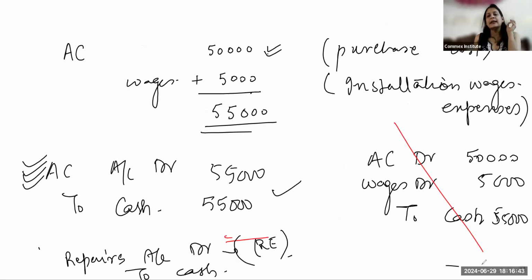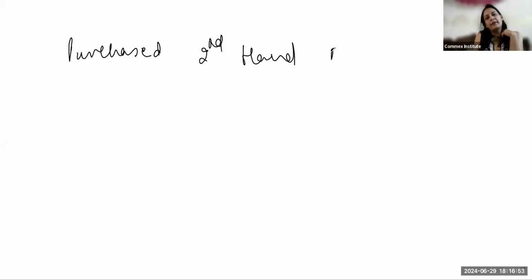Suppose I buy a second-hand machinery, or a second-hand car for that matter. So purchased second-hand machinery for rupees 5 lakhs. Keep on writing the example. Now, this second-hand machinery had to be renovated, and that huge renovation is known as overhauling.